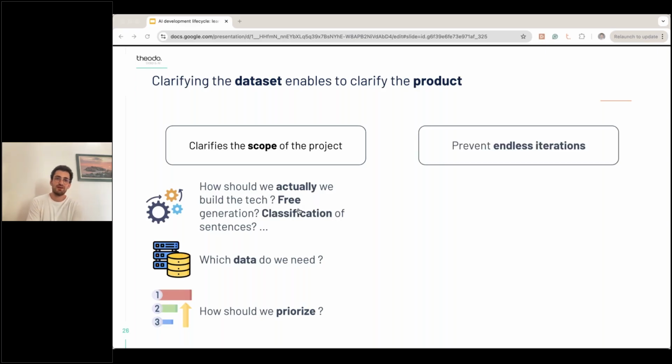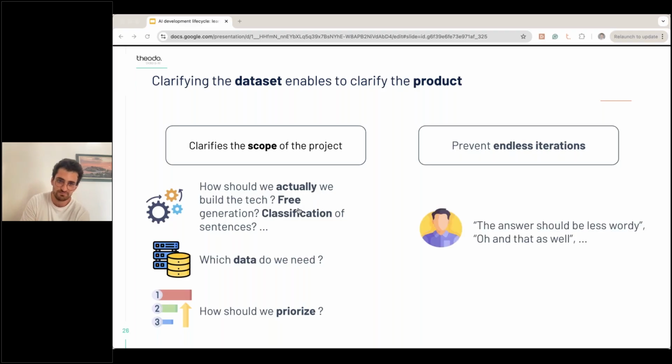And secondly, clarifying the data set helps to prevent endless iteration. Here, for instance, for the summary, we have to build a summary of the drug documents. One way to build it could be just to ask the LLM to produce a summary and then ask the business person to say if it's correct.